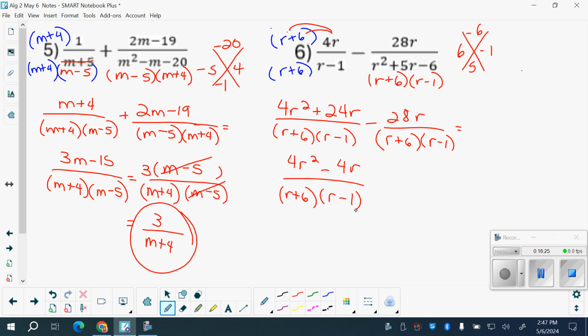Emma P, how does the numerator factor? Yep, r minus 1. Yes, good. And then we can cancel out the r minus 1. So we get 4r over r plus 6.